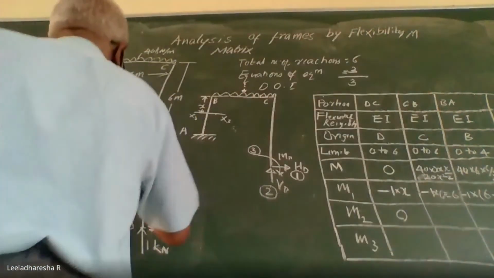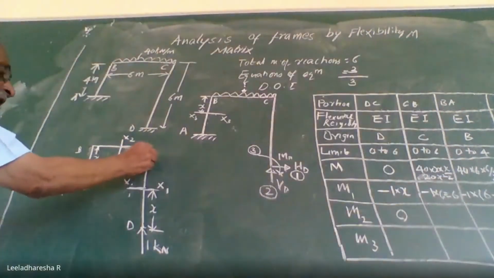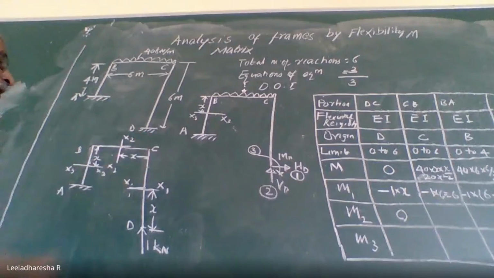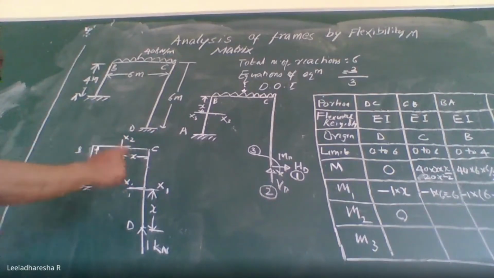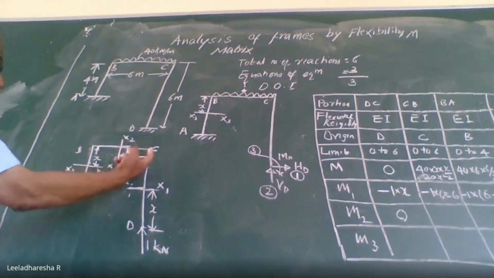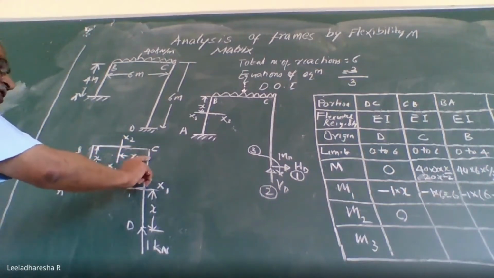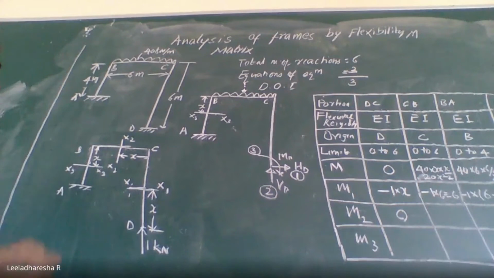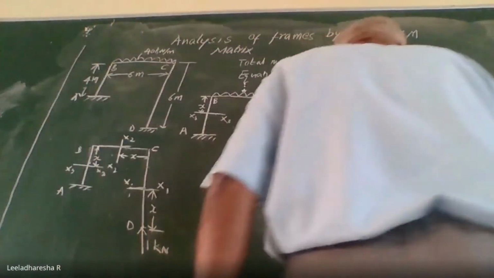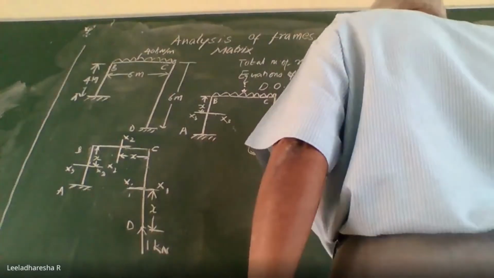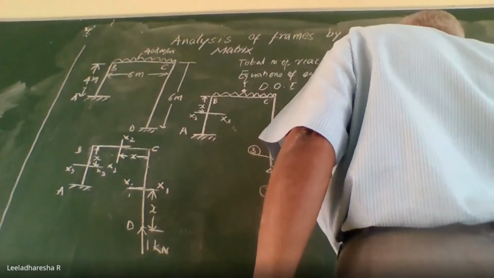Next, we will have a section at a distance, say x, from end C. What is the bending moment? 1 kilonewton force multiplied by perpendicular distance, that is x. Again this gives an anti-clockwise moment, therefore minus 1 into x.